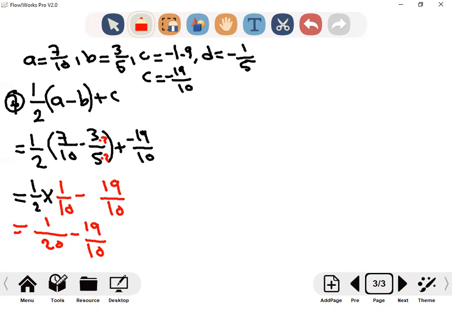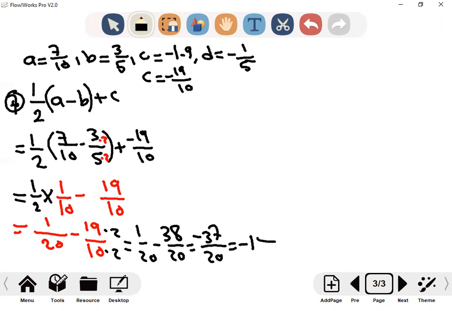Now make 10 into 20: 1 over 20 minus 38 over 20, equals 1 minus 38 over 20, negative 37 over 20. Okay, this is question 7.